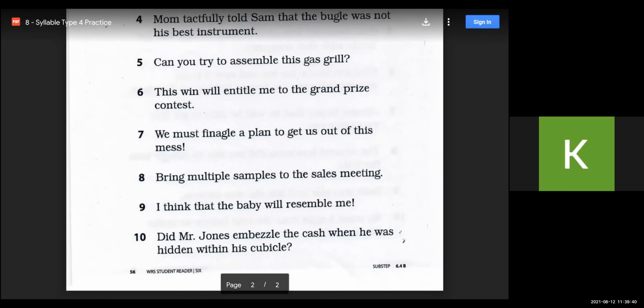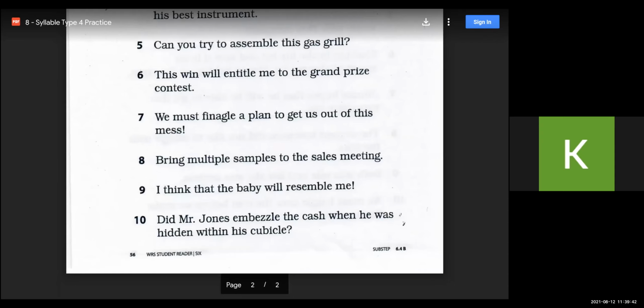Can you try to assemble this gas grill? This win will entitle me to the grand prize contest. We must finagle a plan to get us out of this mess.